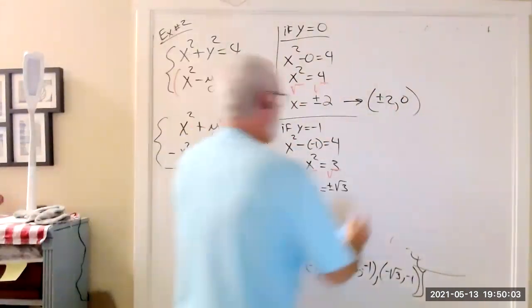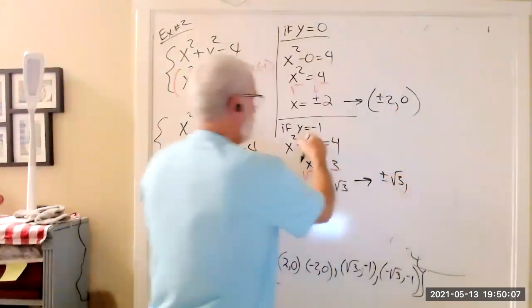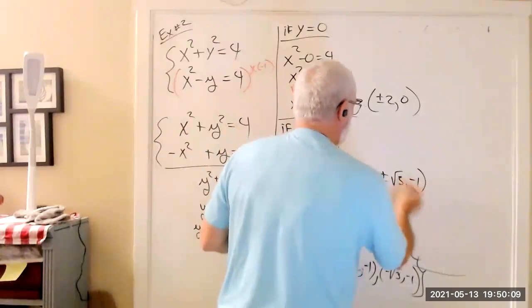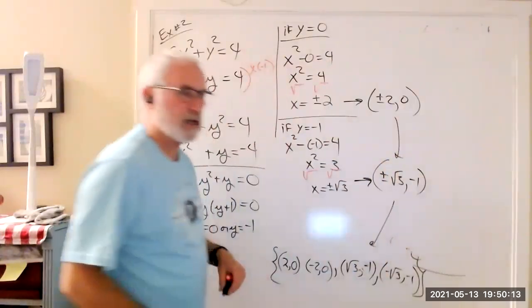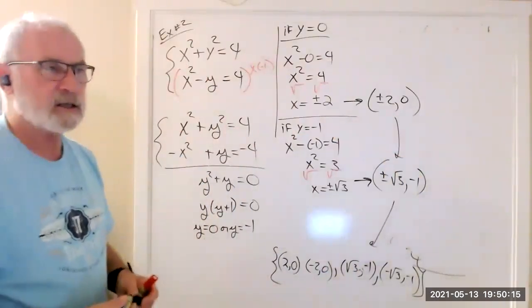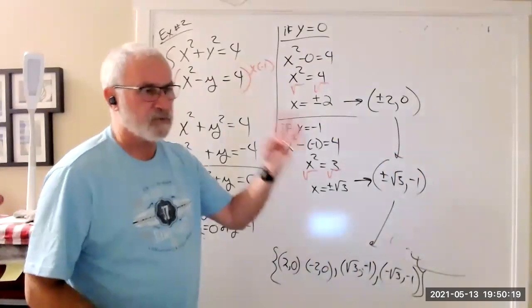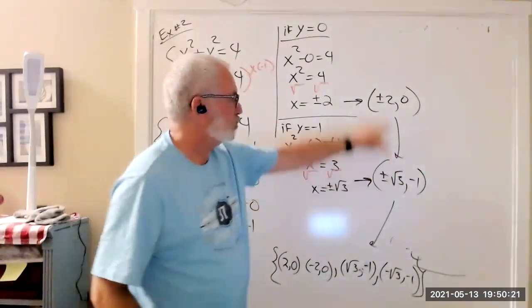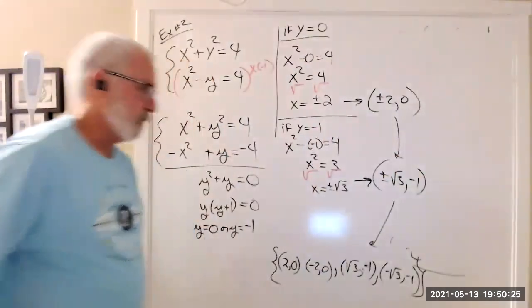And if you prefer to write this as plus or minus radical 3, comma, -1, you can. And then put those in your solution set instead. Yeah, a little bit easier. But I'm trying to reinforce the concept of 4 answers. If you want to use the little shortcut here, great, go for it. Correct, thank you.